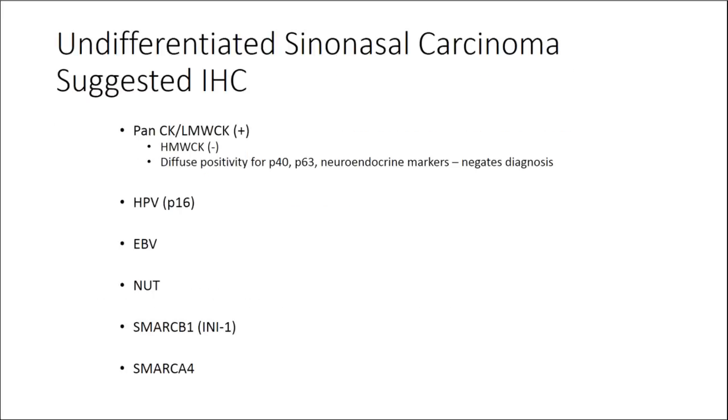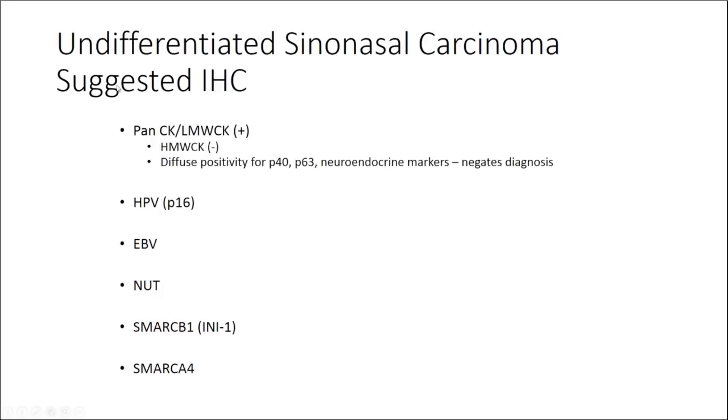Now, in terms of the suggested IHC workup when you're dealing with these undifferentiated carcinomas in the sinonasal tract, for a SNUC, they should be pan-CK positive, usually low molecular weight, and CK7 positive. They should be negative for the high molecular weight cytokeratins. And if you have diffuse positivity for P40, P63, neuroendocrine markers, that should negate the diagnosis of a sinonasal undifferentiated carcinoma.